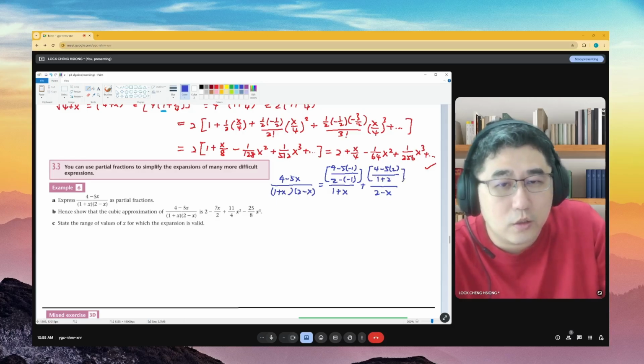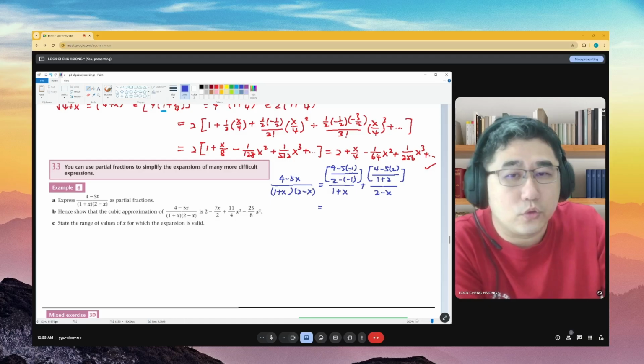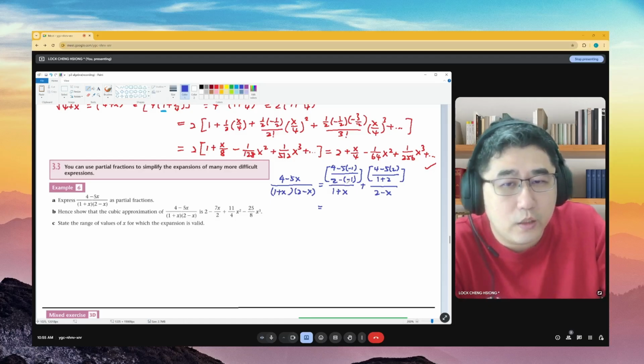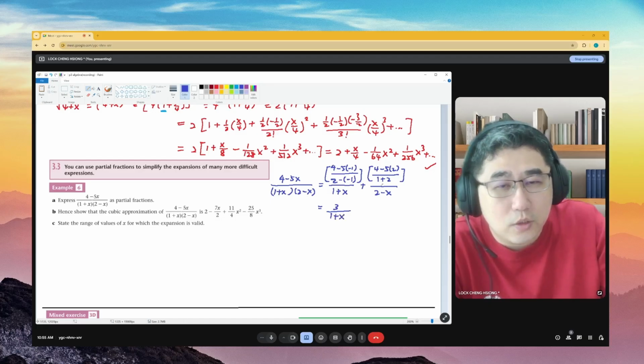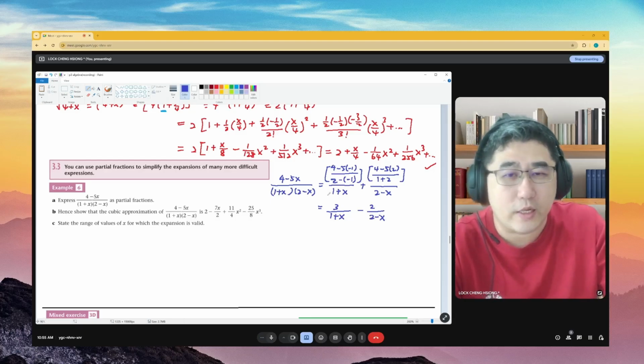So this is 9 over 3, so you have 3 over 1 plus x. And this is 4 minus 10, minus 6 over 3, so minus 2 over 2 minus x. So I managed to write this as a partial fraction.